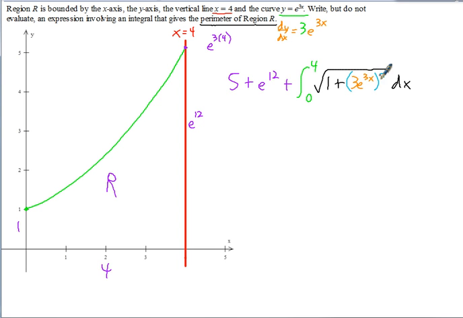Now if you want to, you can square this out and make it 9e to the 6x, that's fine, or you could just leave it like that. Notice this one says write but do not evaluate an expression involving an integral that represents the perimeter. So this would be the perimeter of region R.